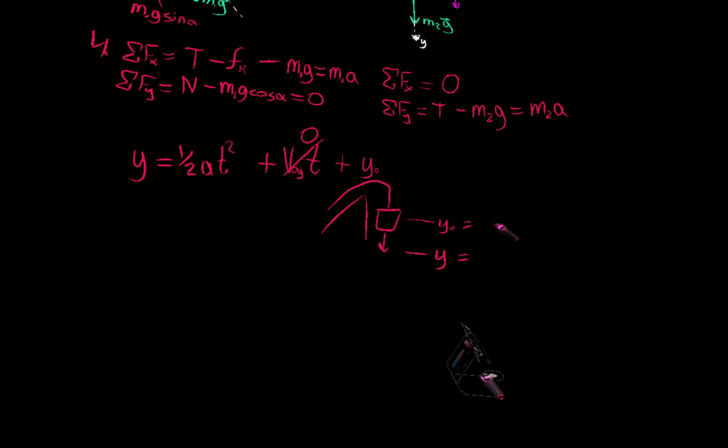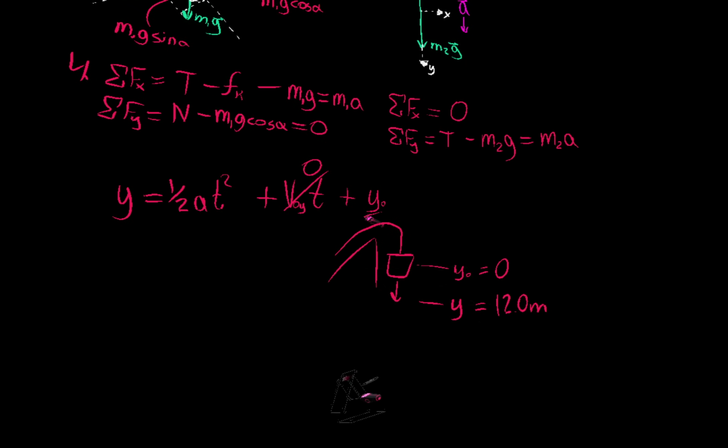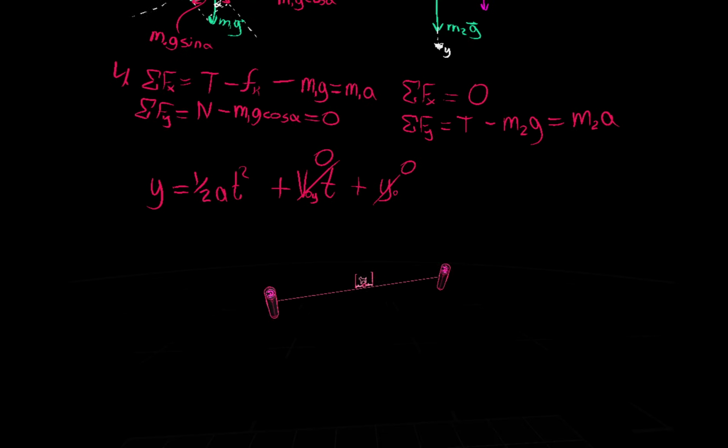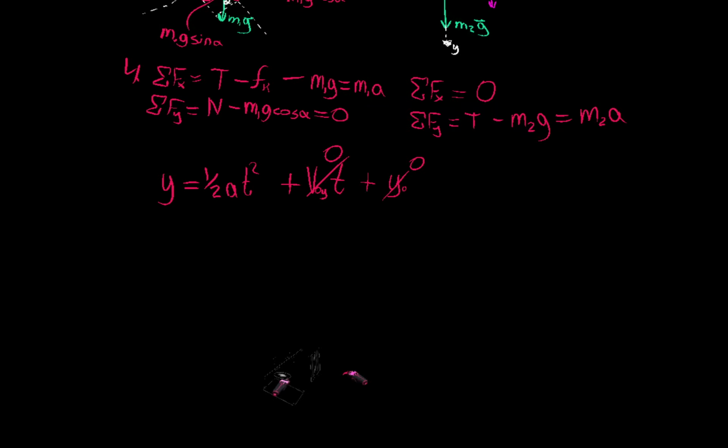Because now, if we call that 0, and this 12 meters, it descends 12 meters, then we can say, well, y naught is 0. And so something cancels out. So you're just trying to find ways that make your life easy. And at first it might be hard to recognize them, but the more problems you do, the more comfortable you get and the more these opportunities jump out at you.